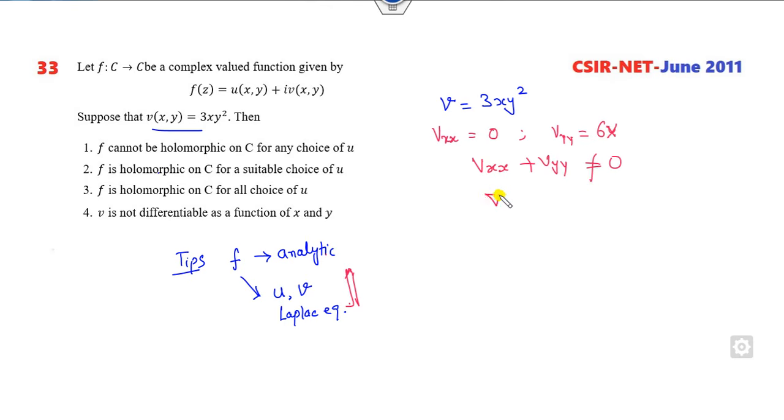That means this property is not satisfied. It means v does not satisfy the Laplace equation, so it is not a harmonic function, and so it is not analytic. So f cannot be holomorphic, that is analytic, for any choice of v. This is the right answer of this problem.